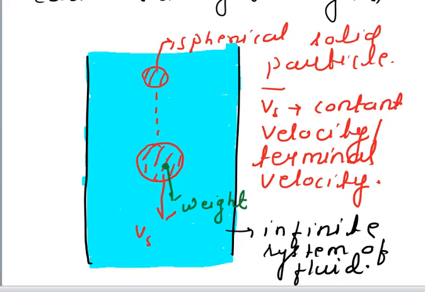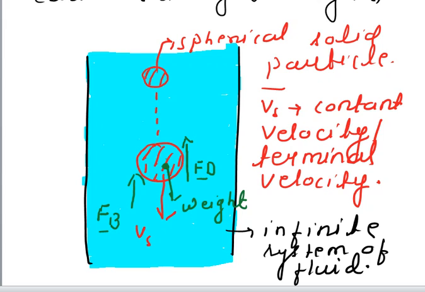Another force, a very famous force given by Archimedes, is Fb, the buoyancy force, which will always act in upward direction. Now another very important force which is acting here is the drag force, Fd. There are three forces which are acting.